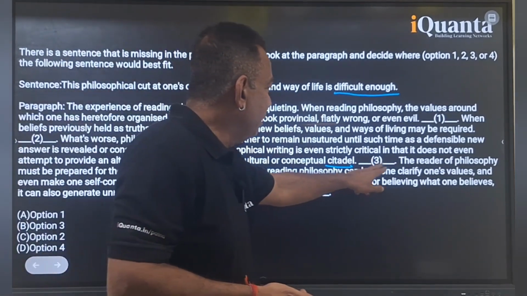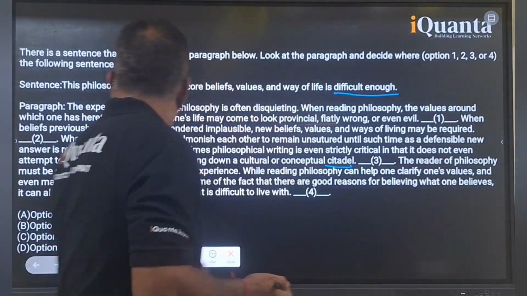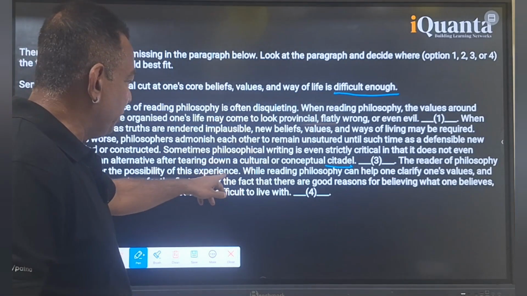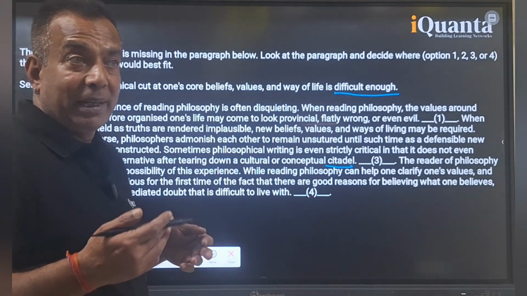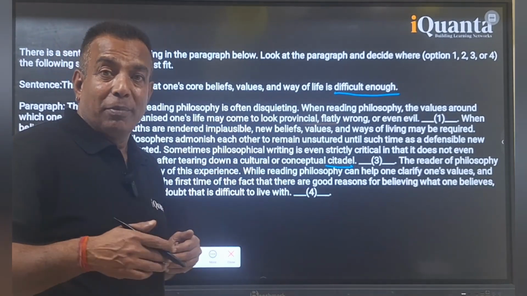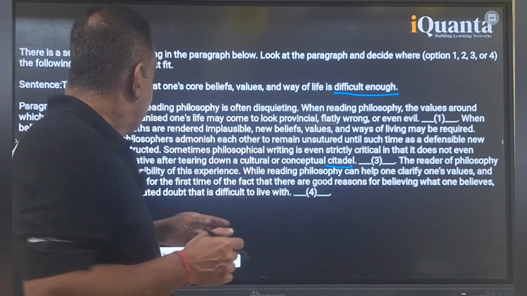So the reader of the philosophy must be prepared for the possibility of this experience. That means you should be prepared that this will alter your thought process. It will change things for you, and it'll make you think differently.